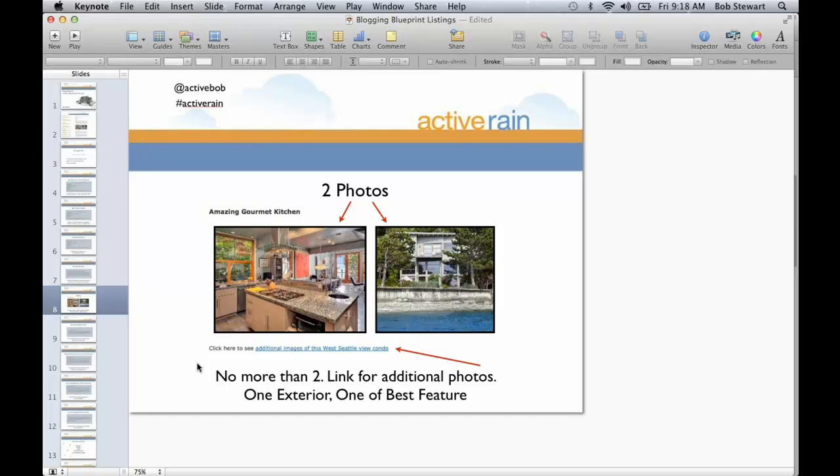Okay, this secondary link, and this is going to be the second time we have a link in our post, we're not going to use that exact match keyword phrase. We're going to use something similar but different for our anchor text. So in this case, I have additional images of this West Seattle view condo. Okay, so everybody's got that. It's pretty simple.